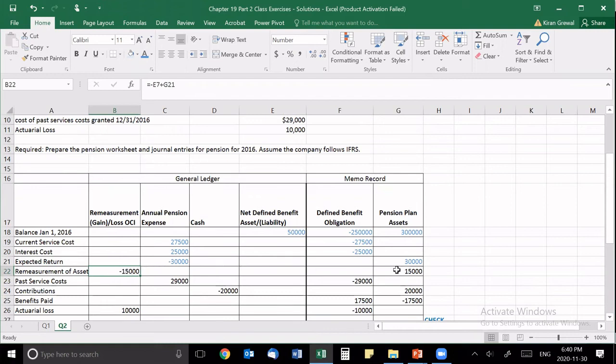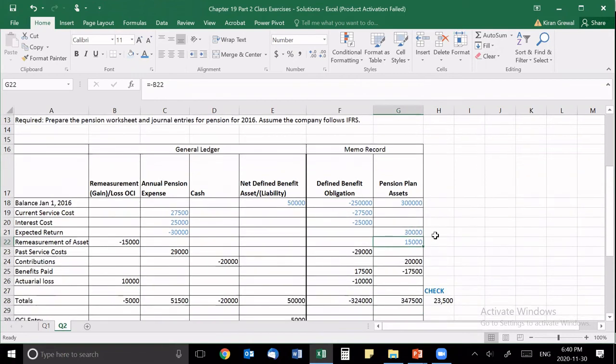And we're also going to have a debit to our plan assets. We want our plan assets to show the 45,000, and it does now, because the 30,000 plus the 15,000 gives you the 45. So our plan assets should be showing the actual return, but in two parts instead of one, because the expected return goes into the pension expense and the difference between expected and actual goes into the OCI.